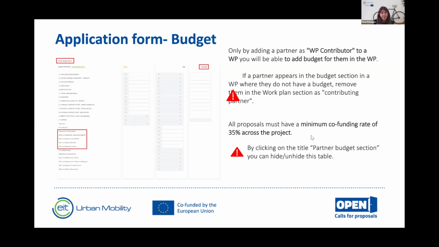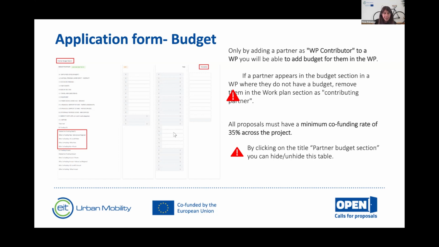Well, and here, as this is an innovation call, perhaps you already know that there is this minimum of 35% of co-funding. Let's say that this is not per partner, this is per project. So it could happen that there is this red square, and you have to identify the percentage of the EIT funding, the co-funding and the funding from other entities.